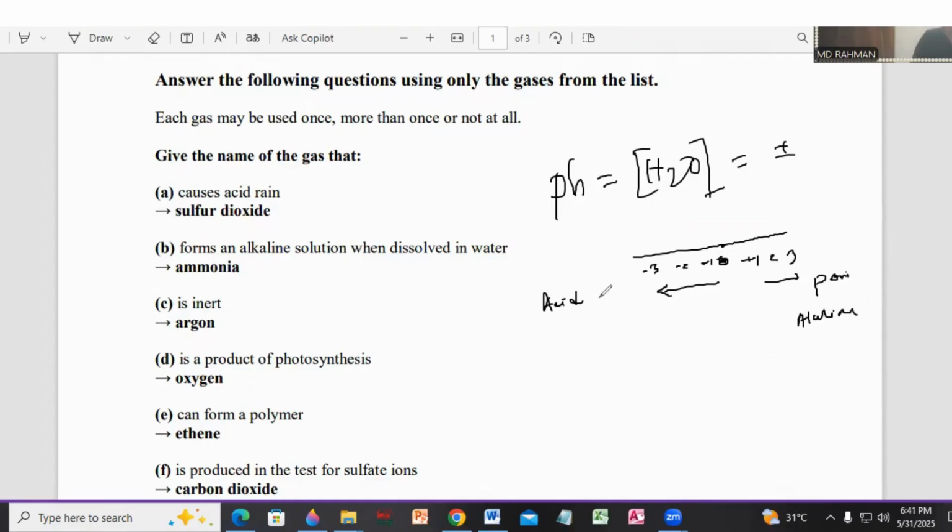So these are acidic and these are alkaline. In this direction, when the pH goes up, then you can say the alkaline property is increasing, right? And when it is going down, then we can say the acidic property is increasing.